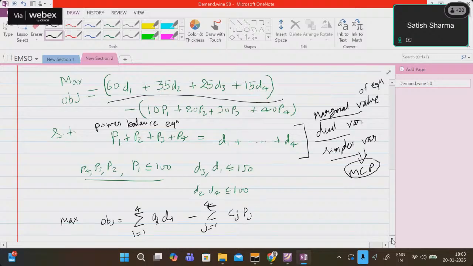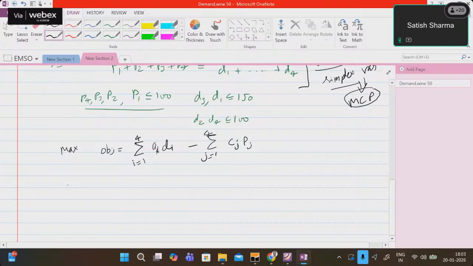Then I can put the equations like this, subject to, what was the equation, that summation of j equals 1 to 4 Pj equals summation of i equals 1 to 4, sorry, it should be Di, right? Di. So this is our power balance equation. Then we have limits.